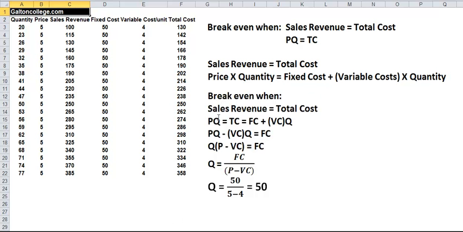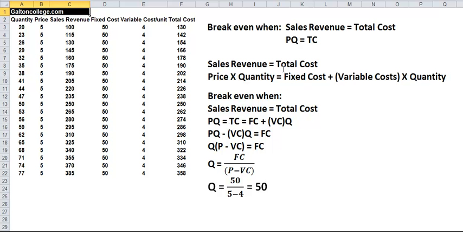Now, the break even is when the sales revenue is equal to the total cost. In other words, the price times quantity, this one back here, is equal to total cost.